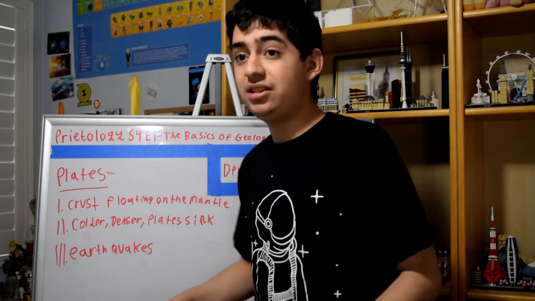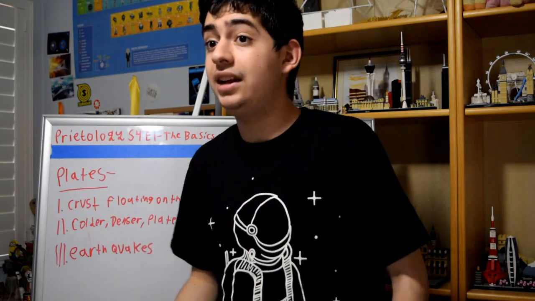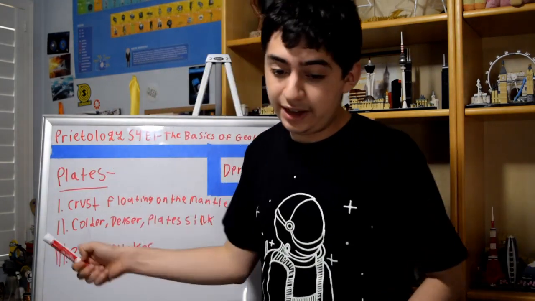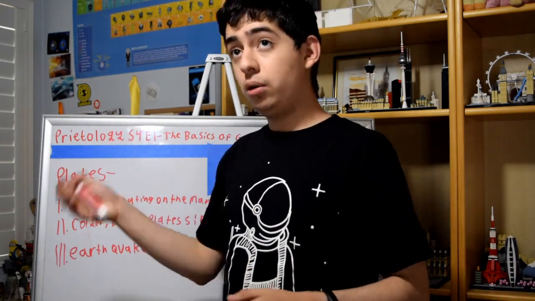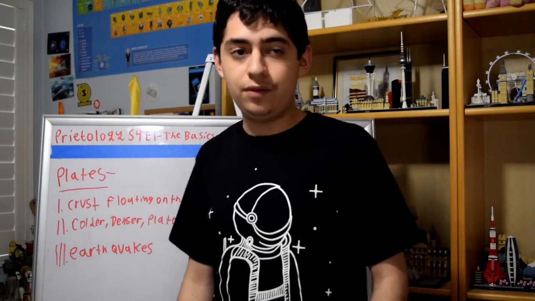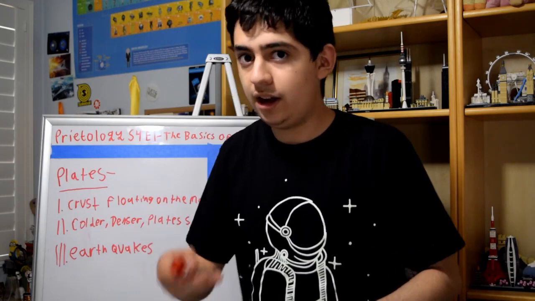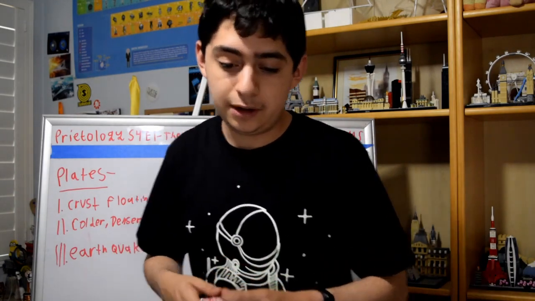So they just float around, colliding slightly, and you know how the mantle rotates, that's how the crust can move. The colder, denser plates during earthquakes sink into the mantle, and they are usually at the bottom of the ocean, which are oceanic plates, versus continental crust, which is on the land. So if you're not at the bottom of the ocean, you are on continental crust right now.